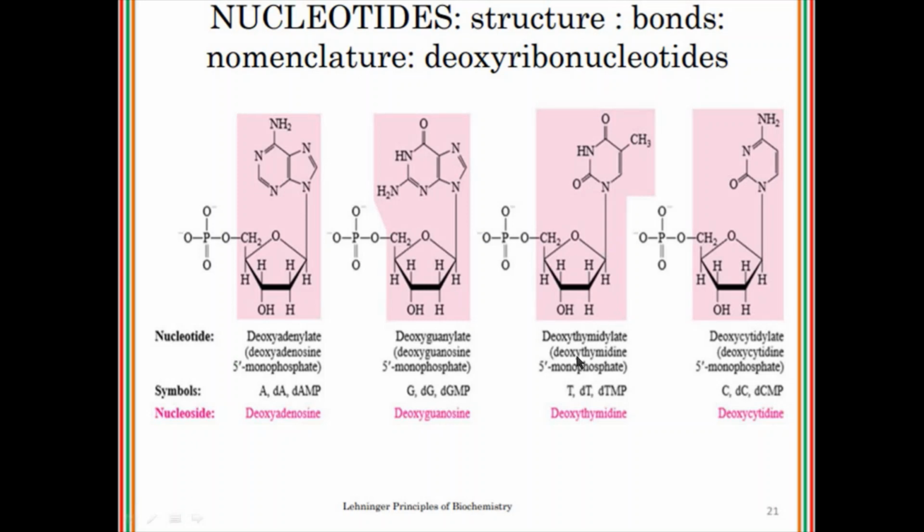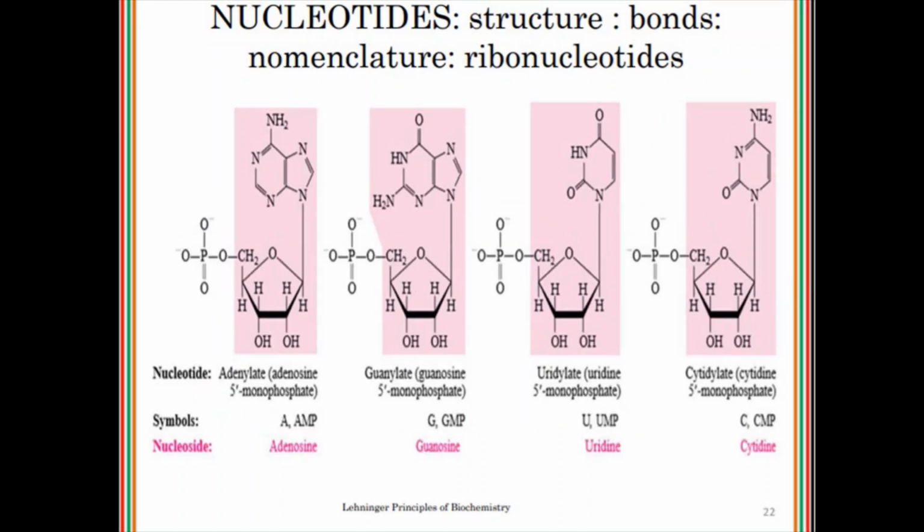This one here has got thymine, so it is deoxythymidine 5' monophosphate. This one has got cytosine as a nitrogenous base. So this nucleotide is known as deoxycytidine 5' monophosphate. So you name your nucleotides depending on what type of nitrogenous base they contain.